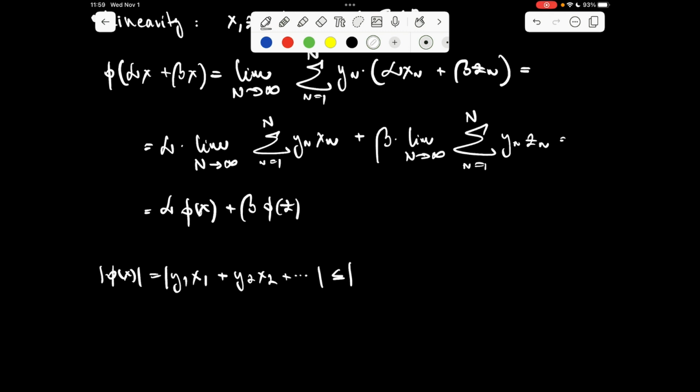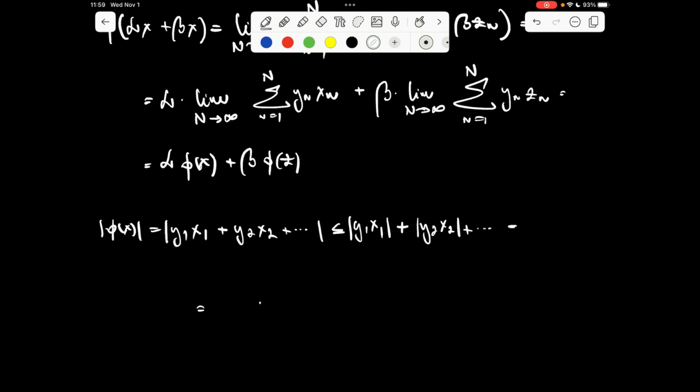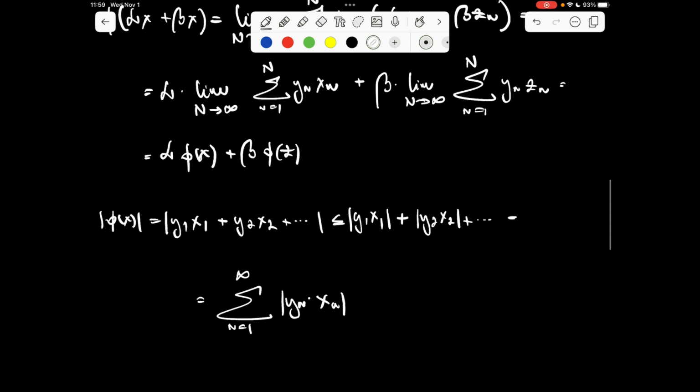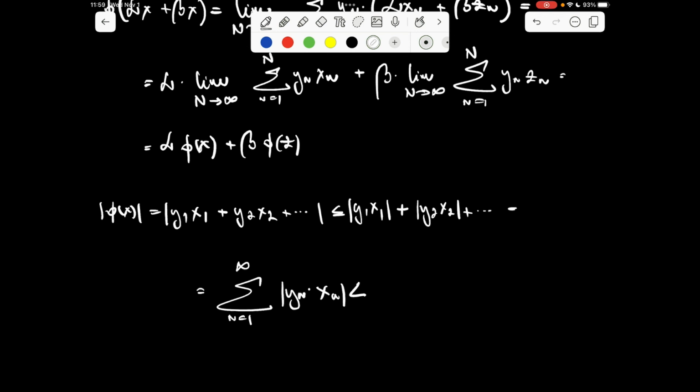Of course, this inequality holds, which can be summarized this way. This is an infinite sum, and this is Hölder's inequality, because this inequality must hold.